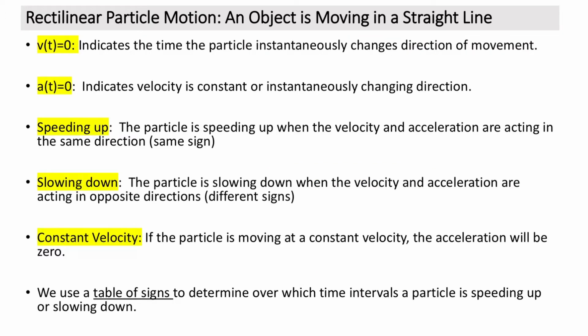A few more things we need to know. So when the velocity is zero, this indicates the instant in time when the particle is changing directions. When the acceleration is equal to zero, this indicates the instant in time when the velocity is changing directions.